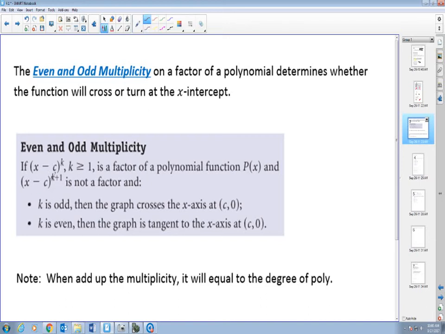So if x minus c to the k power is a factor, where k is greater than or equal to 1, and this exponent is odd, remember 1 is an odd number, then the graph will cross over the x-axis at that number, c comma 0.